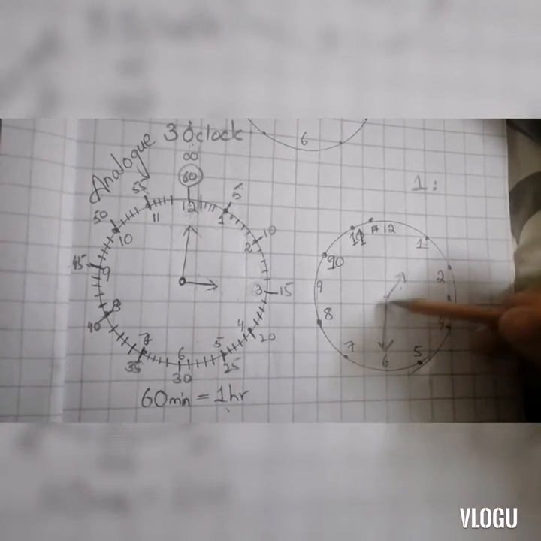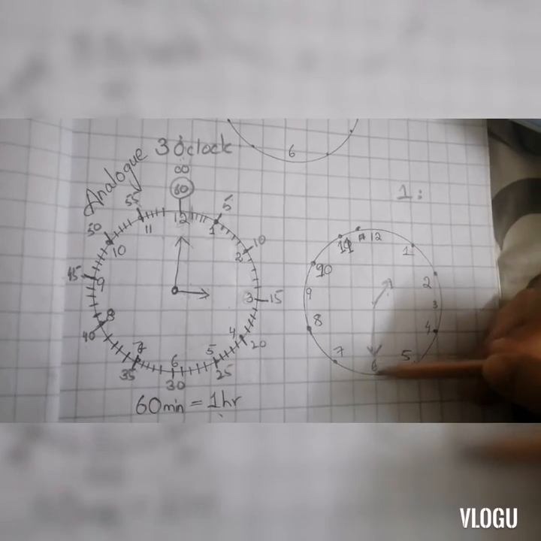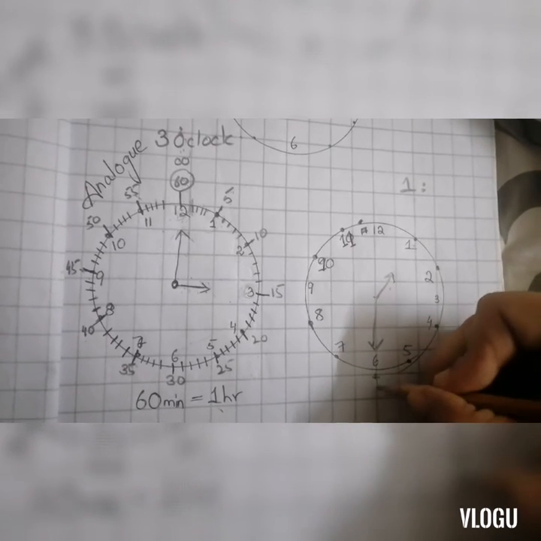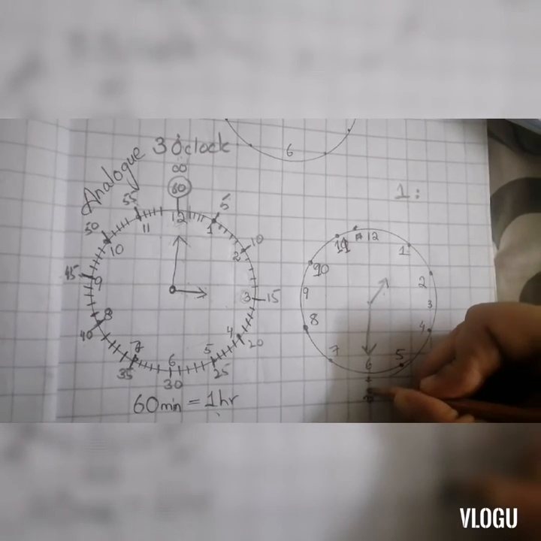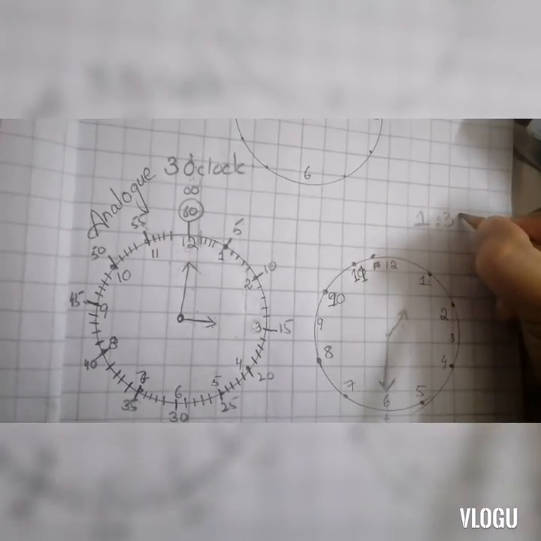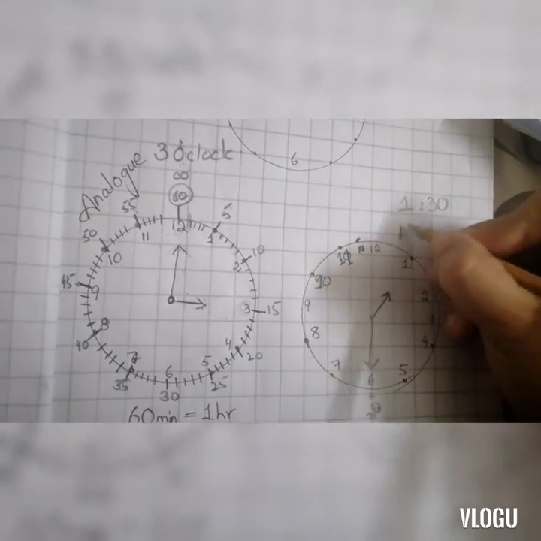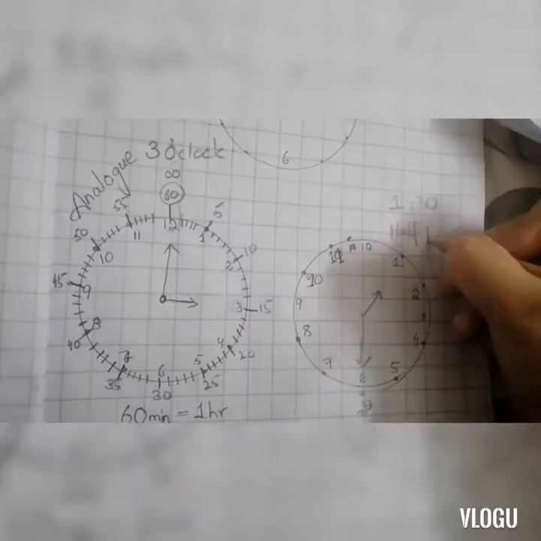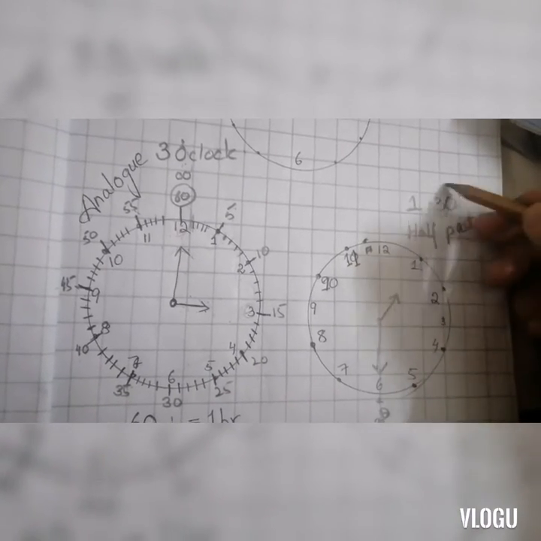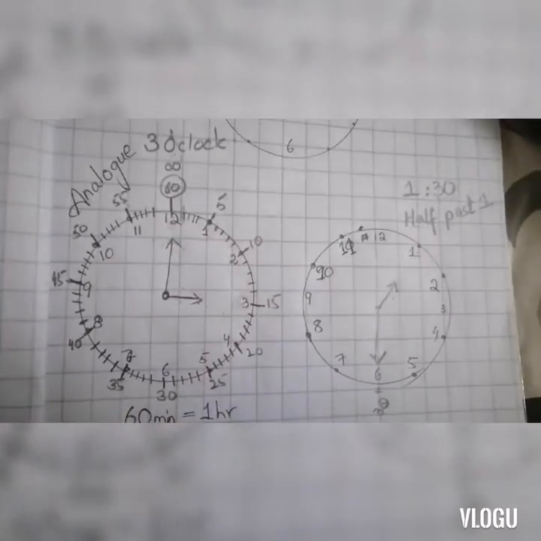The minute hand is on 6, but we cannot write the 6. What we have to do is multiply with 5. So 6 fives are 30, right? So it means we have 30 minutes. 30 minutes means half past. Half past 1.